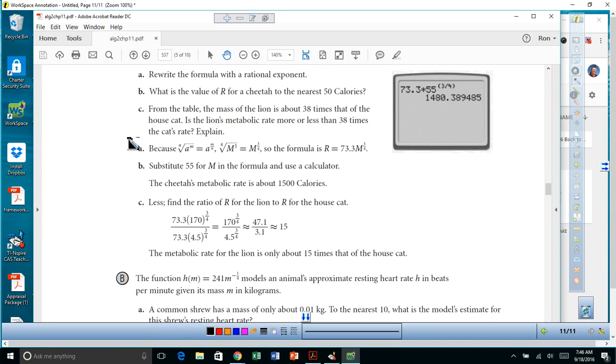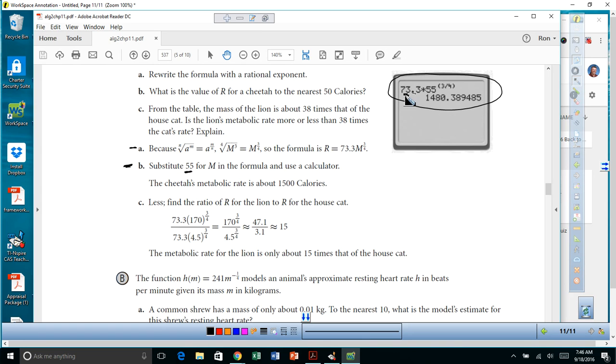We're going to substitute 55 for m in the formula and use a calculator to find the value of R for a cheetah to the nearest 10 calories. The 55 is the weight of the cheetah, and they did that here.